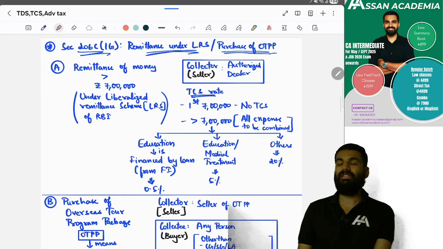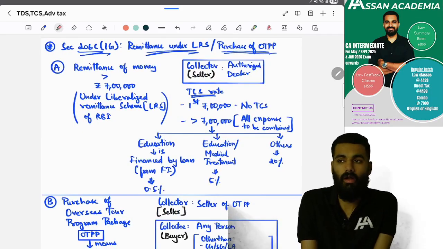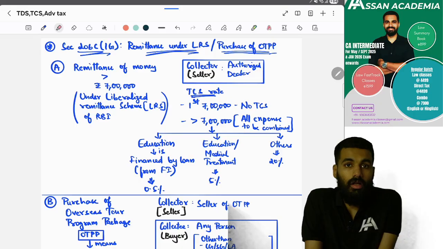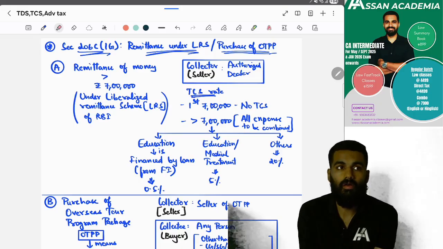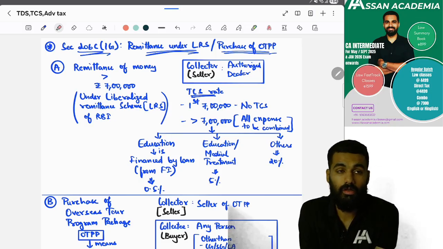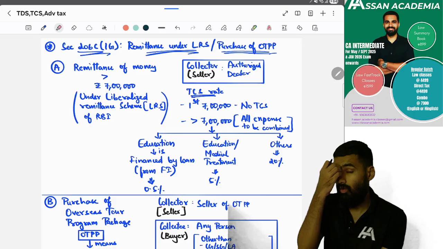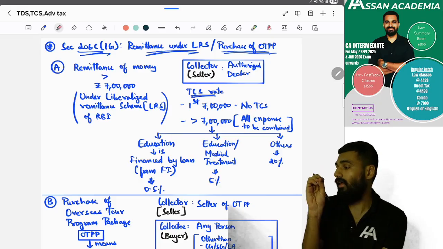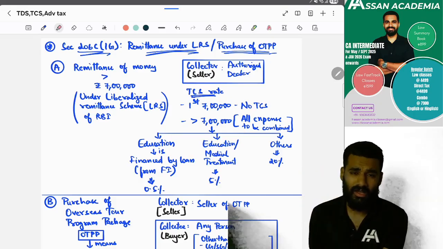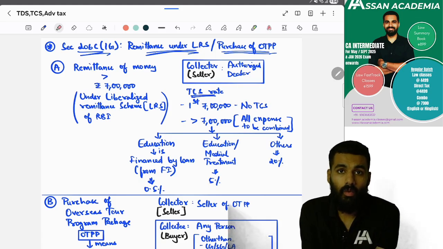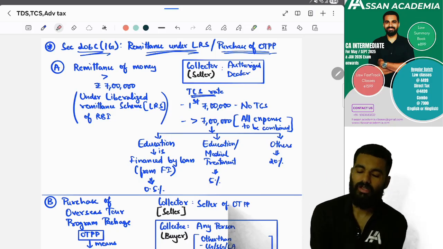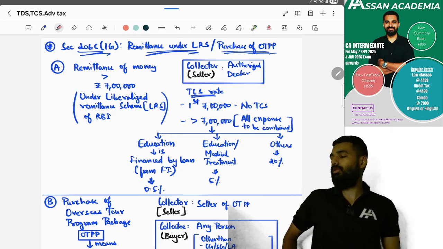Next, section 206C 1G, where under the liberalized remittance scheme, the seller who's an authorized agent is giving money for how much? Remittance of more than 7 lakh rupees, then TCS will be collected.